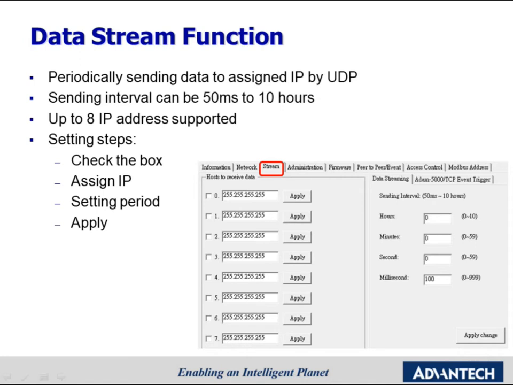Both host IP address and the sending interval can be set in the utility's stream menu. Besides, the maximum number of hosts for Adam to send data is 8. That's also the limitation of maximum connection number for Adam, which only allows 8 clients to connect to Adam.